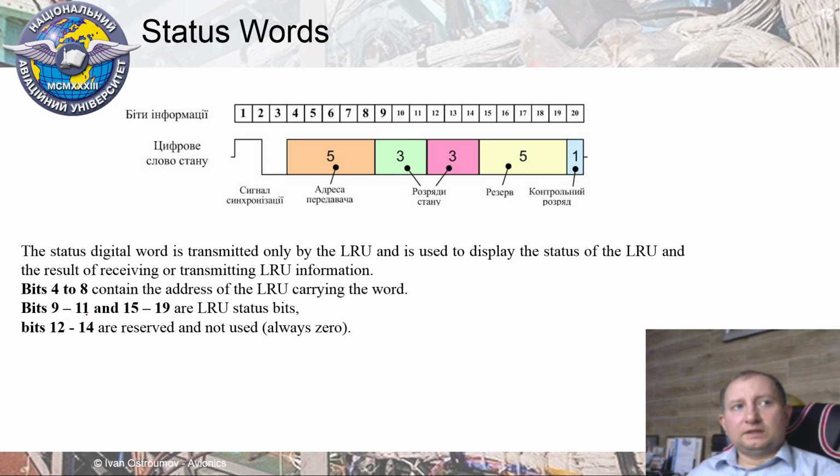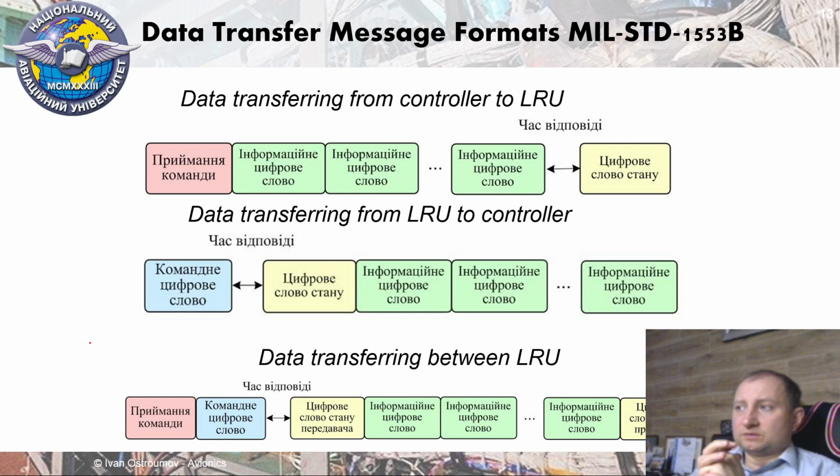Data transferring according to this network is the following. It can be done in different modes, and in case of data transferring from controller to LRU, controller just issues a command word for a particular LRU and then generates a sequence of data words with the data.